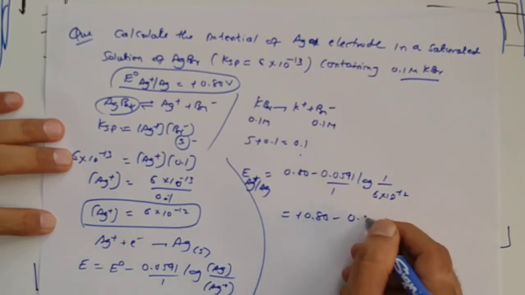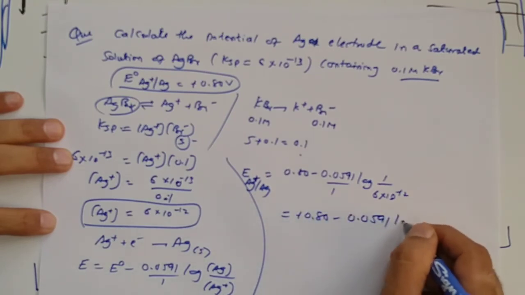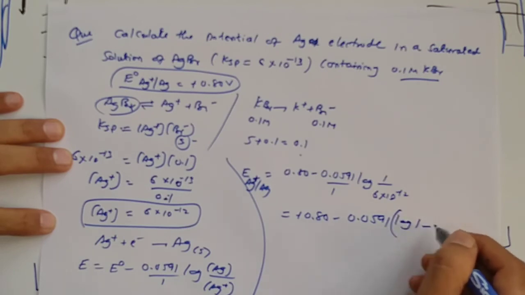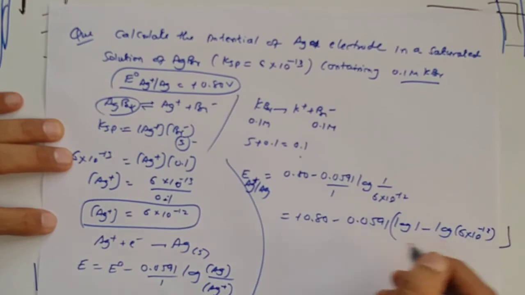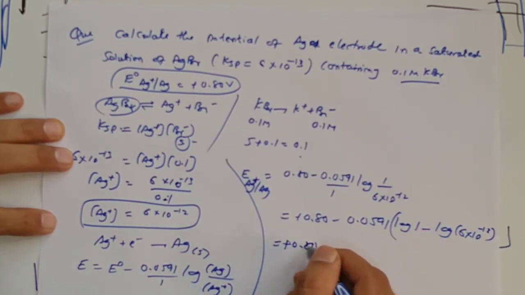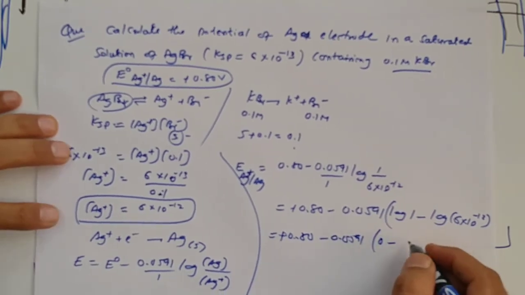So 0.80 minus 0.0591 times log 1 minus log of 6 into 10 raised to minus 12. The value of log 1 is 0.